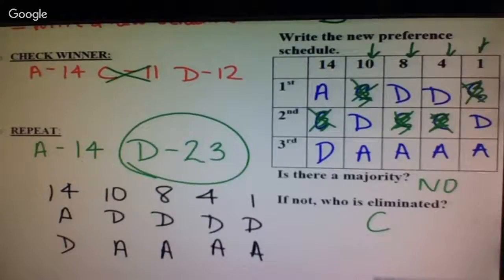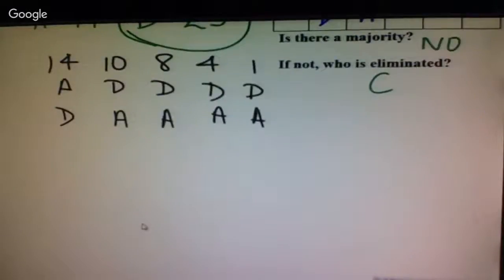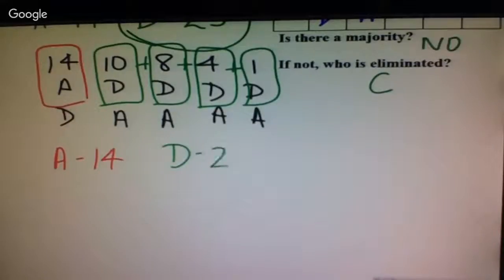So this is what my new preference schedule looks like once we eliminate C. I'm trying to raise it up so you can see it back there. Now A's first place votes, well, they only have this. So A's 14 votes. And D takes this column, this column, this column, and this column. And when you add up all of these, you get 23. Does that click now? Yeah. Okay.